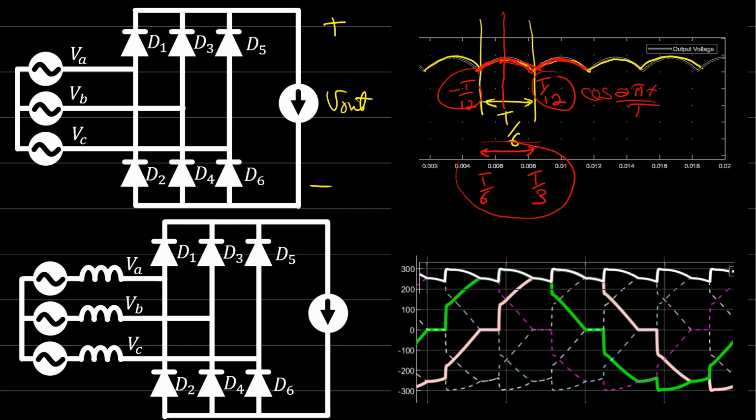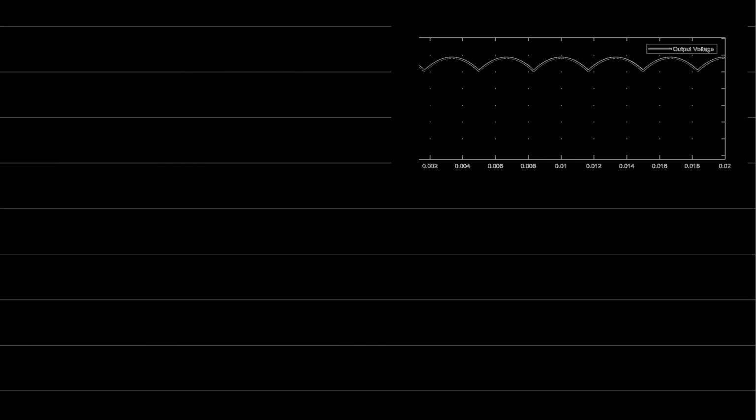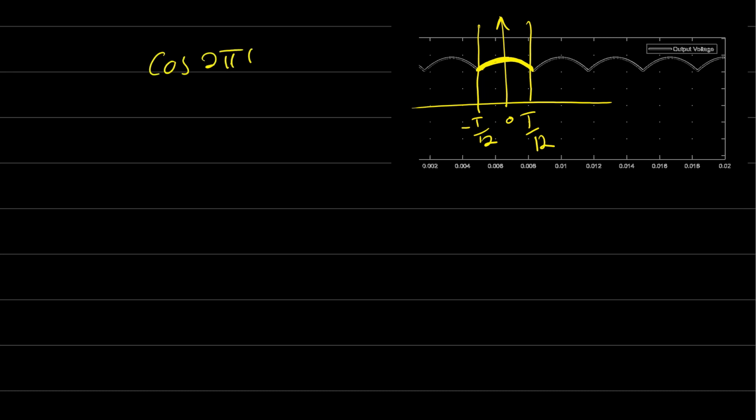So let's find the duration first from here to here, and then we'll see how to find the value that is missing within this output voltage. We already found the value of the average voltage here with no line effect, and we said that this is the axis from 0, and this is minus T over 12 to T over 12, and this is cosine wave 2 pi T over T dt V maximum.